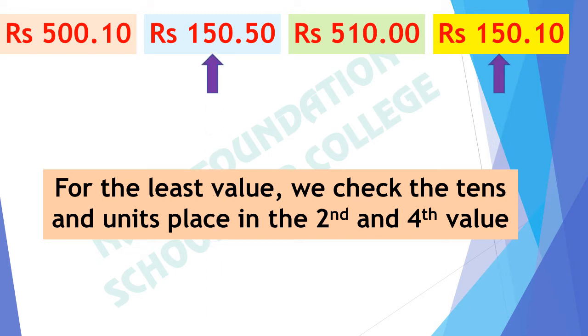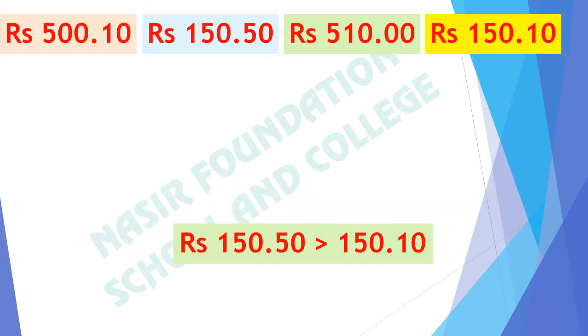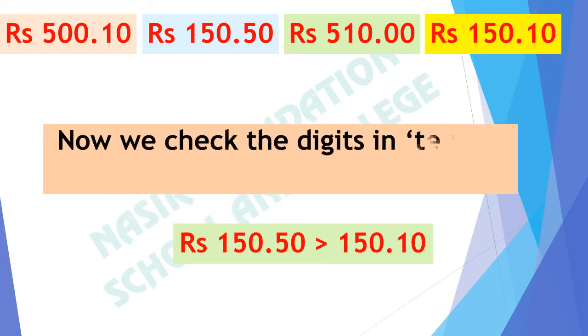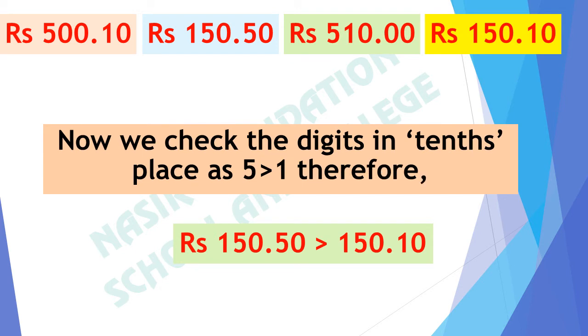The digit in the tens place is 5 on both these numbers. Now we will check the digit that is in the units place. In units place, we have 0 in both the amounts. Now we check the digit in paisas place, as there is 5 and 1, and 5 is greater than 1.